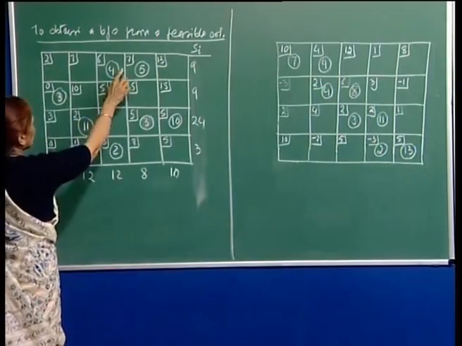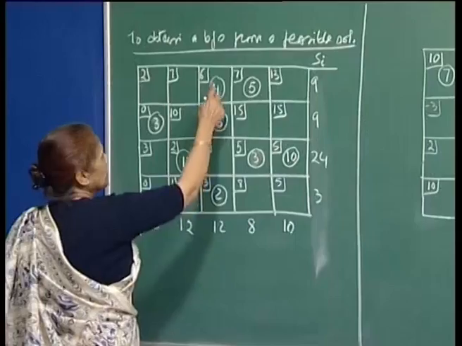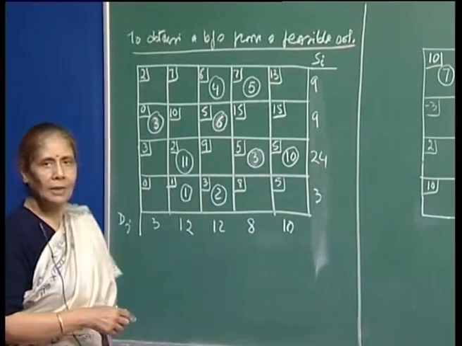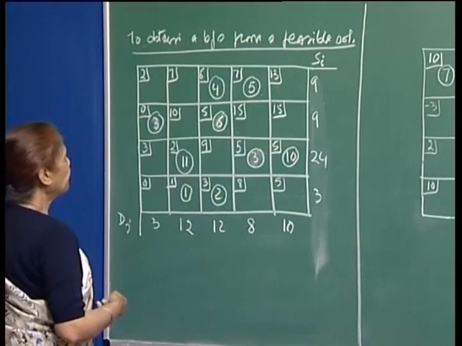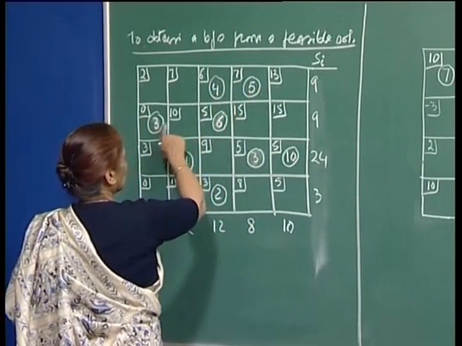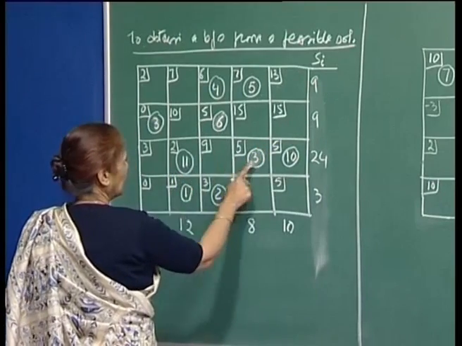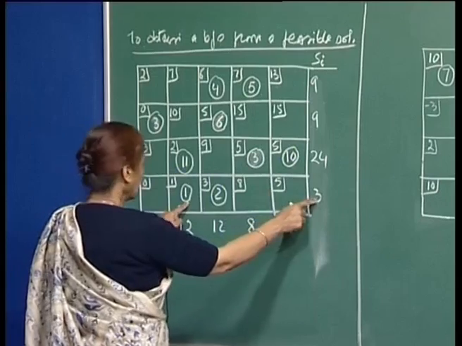These numbers give you the cost, the C_ij's for the cells, and the circled numbers give you the values of the variables. Okay. So, here is a feasible solution, because 4, 5, 9, 3, 6, 9, then 11, 21, 3, 24, 1 plus 2 is 3, right.